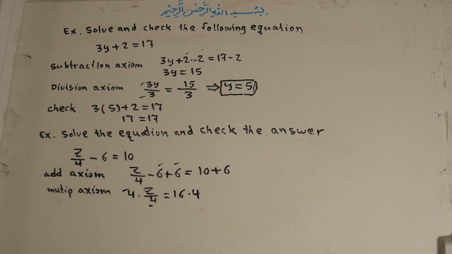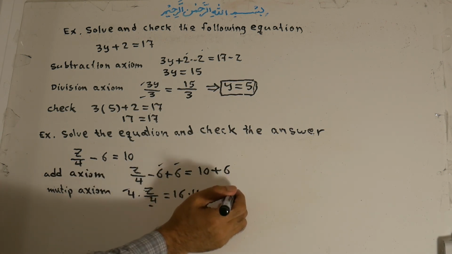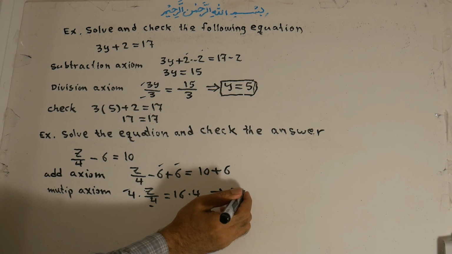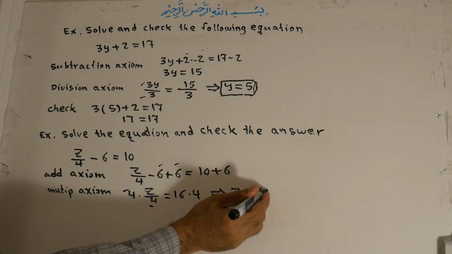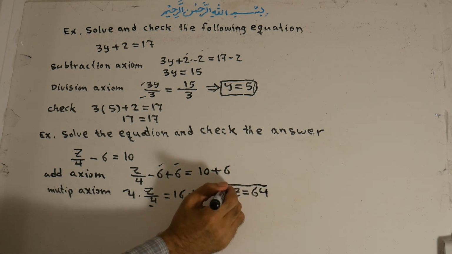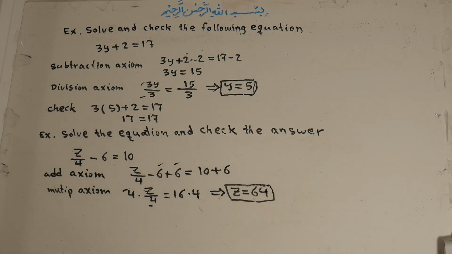Here remaining Z is equal to 16 times 4, which is 64. The answer is 64. Now we check whether the answer is correct or not.